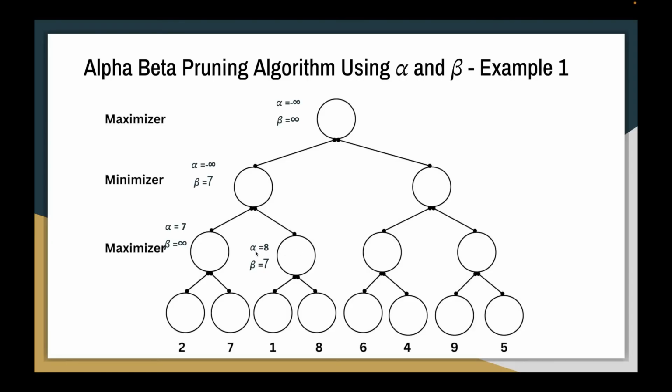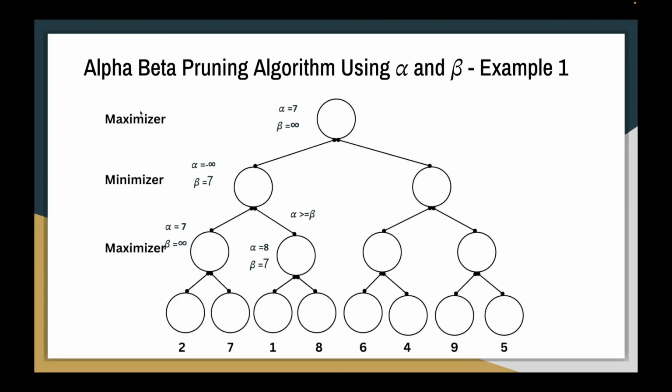Now the pruning condition occurs. Alpha is greater than beta, so the tree has to be pruned. This branch will be pruned and only these two values will be considered.